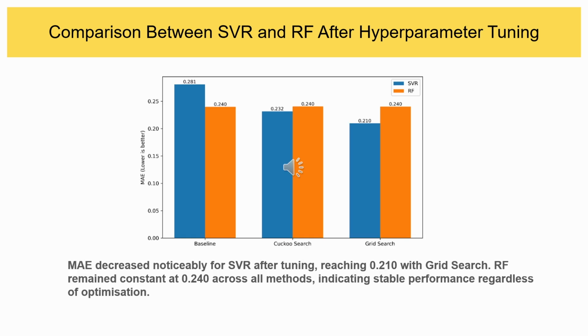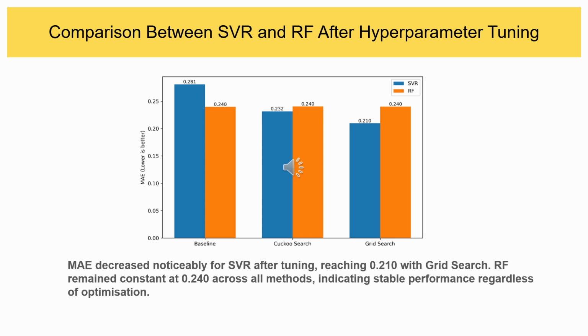If we also compare according to MAE, the baseline for SVR, that is default values without tuning, is 0.261, but here it is 0.24. SVR with Cuckoo search is enhanced to be less than RF.